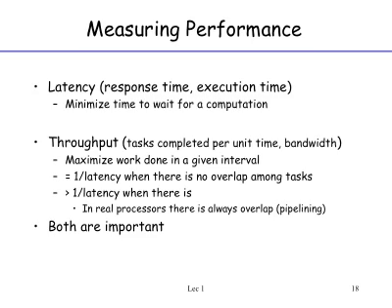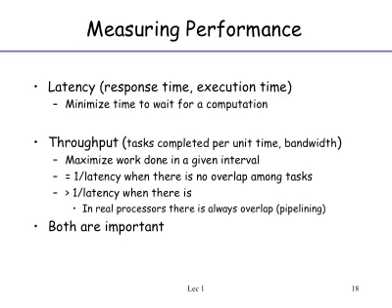Another category of applications care about throughput. Throughput refers to the number of tasks completed per unit time, or the bandwidth. The goal is to maximize the work done in a given interval.